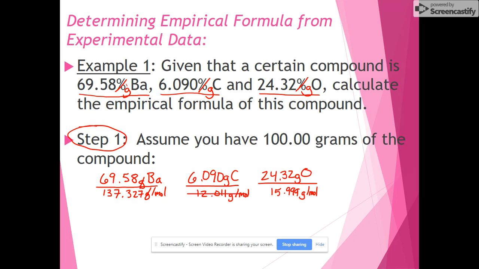Our grams cancel out. We divide each of these. So 69.58 divided by 137.327 will give us 0.51 moles of barium. 6.090 divided by 12.011 will give us 0.51 moles of carbon, and 24.32 divided by 15.999 will give us approximately 1.52 moles of oxygen.